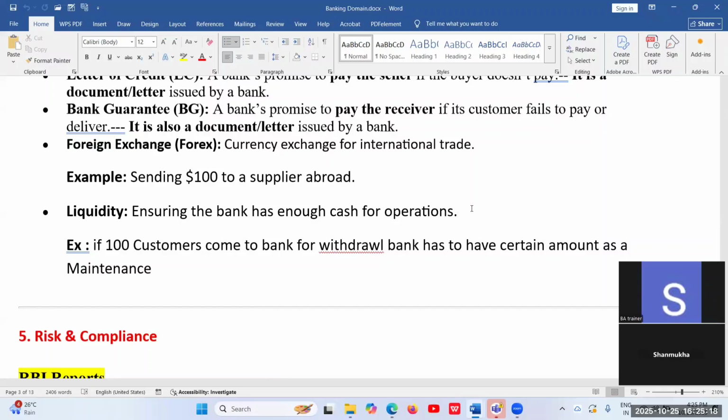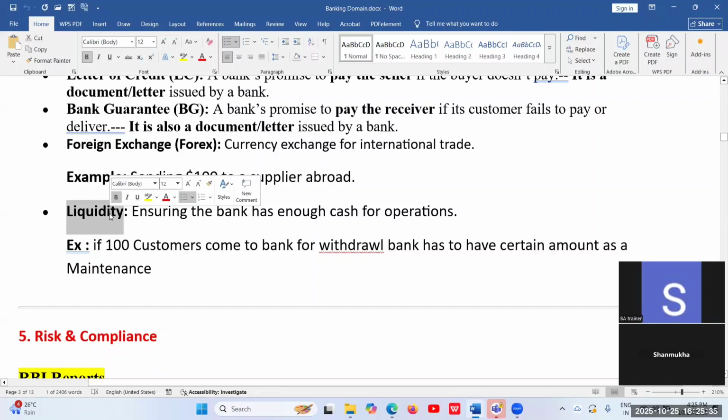The bank has to ensure that they have sufficient funds to keep their operations smooth. They need to keep a certain amount of money aside for safety purposes. That is called liquidity.